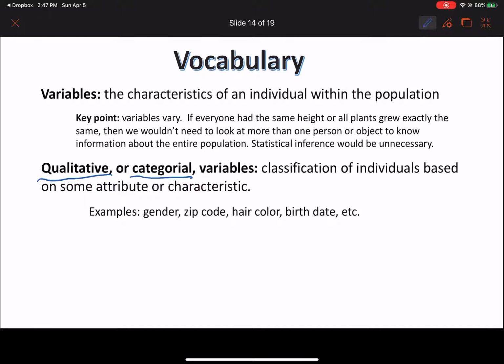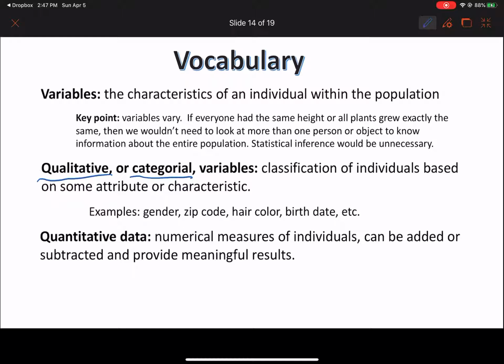Like zip code, you don't do math with zip code. It's just an identifier. Gender, hair color, birth date. Most of the time, unless you're talking about how many days younger than somebody you were, birth date is generally not something that you do math with. So that's qualitative or categorical, something you don't do math with.